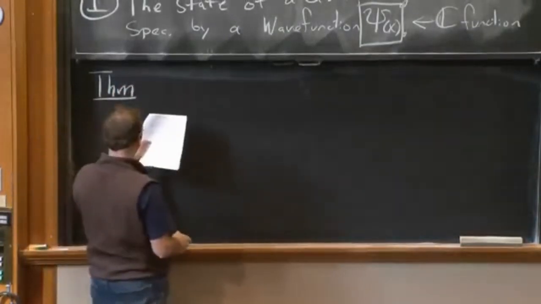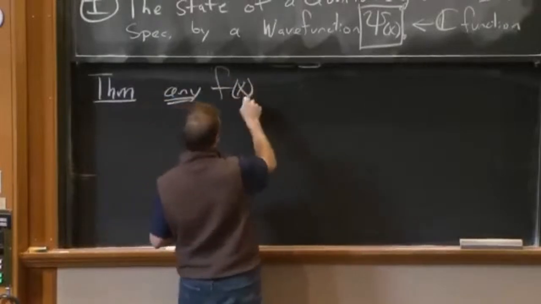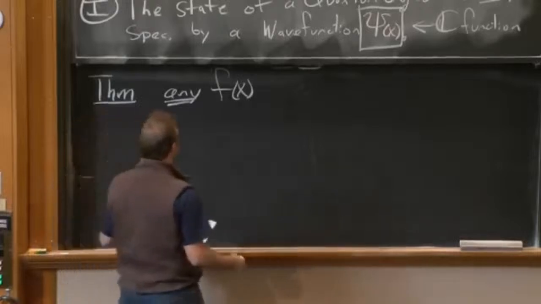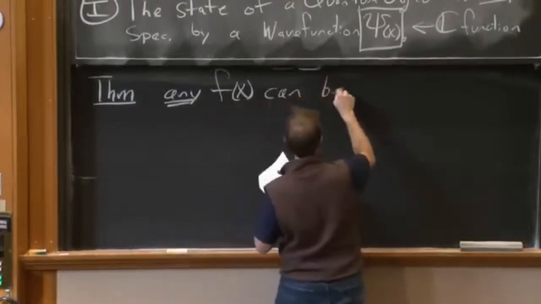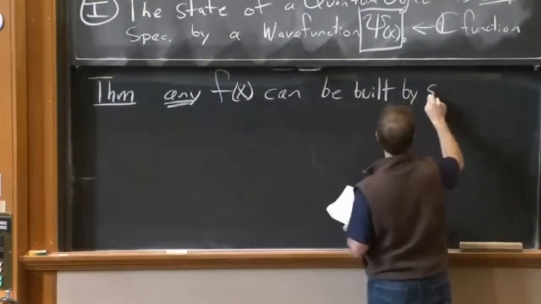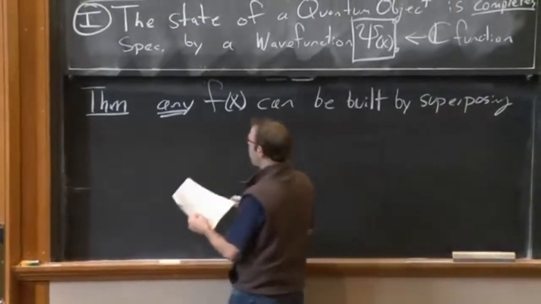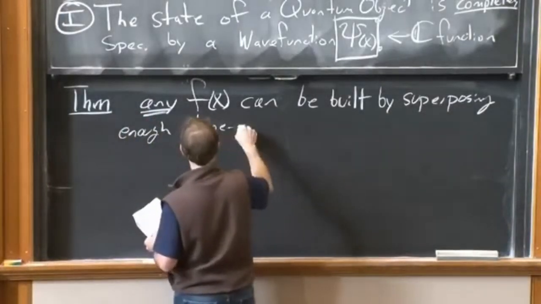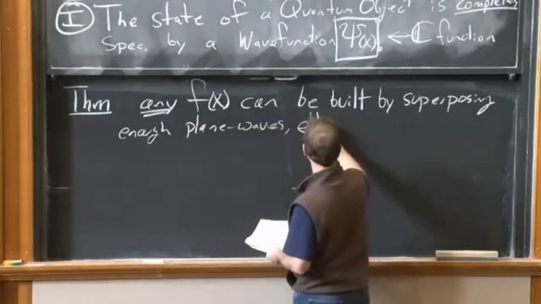But the theorem says any function f of x that is sufficiently well behaved, it shouldn't be discontinuous, it shouldn't be singular, any reasonably well behaved function f of x can be built by enough plane waves of the form e to the ikx.